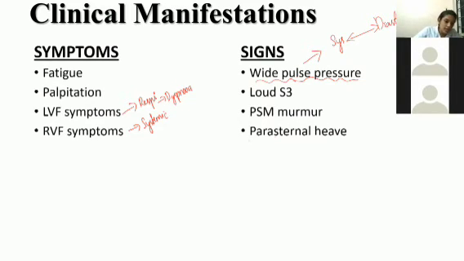Then, as I already said, there will be a loud S3, the third heart sound, and that will be very loud. What is this S3 indicating? S3 means there is only partial filling of the ventricles. Then PSM means pan-systolic murmur. Then we also get a parasternal heave with mitral regurgitation. So this is about the clinical manifestations.